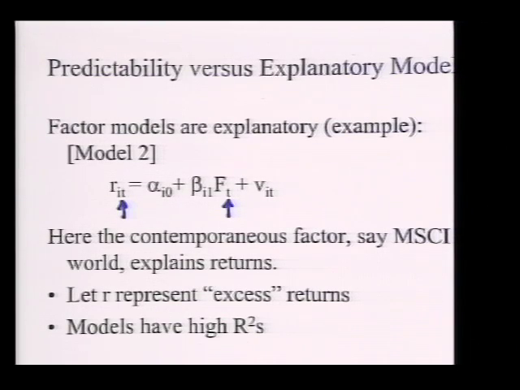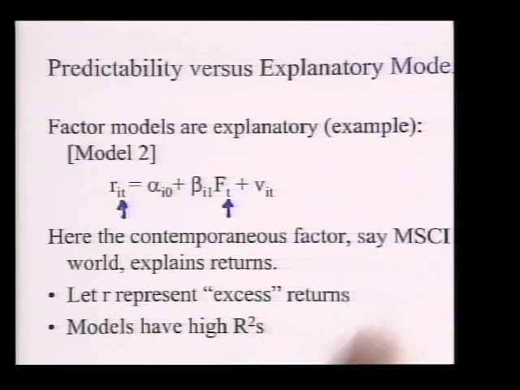I like to use the word factor for these explanatory models, and for the predictive models, I like to call the variables instruments. That minimizes the confusion. As soon as you start talking about factors in a predictive model, that confuses me, because usually factors are contemporaneous. So this is a contemporaneous relationship.